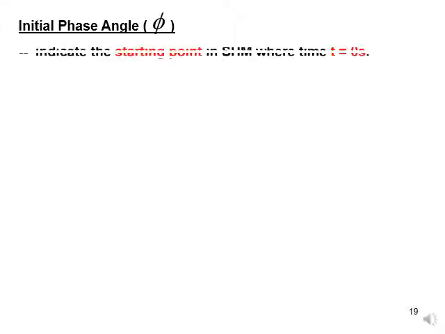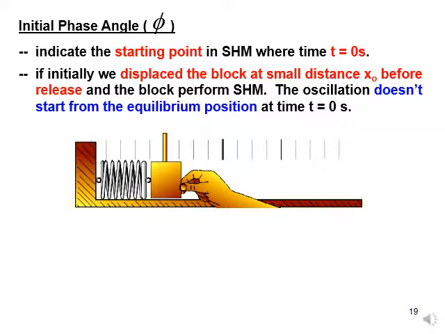What is the initial phase angle? The initial phase angle indicates the starting point in SHM at time t equal to 0 seconds. For example, if initially we displace the block by a small distance x naught, then the block is released, the block will perform simple harmonic motion. But in this case, the oscillation doesn't start from the equilibrium position at time t equal to 0 seconds.